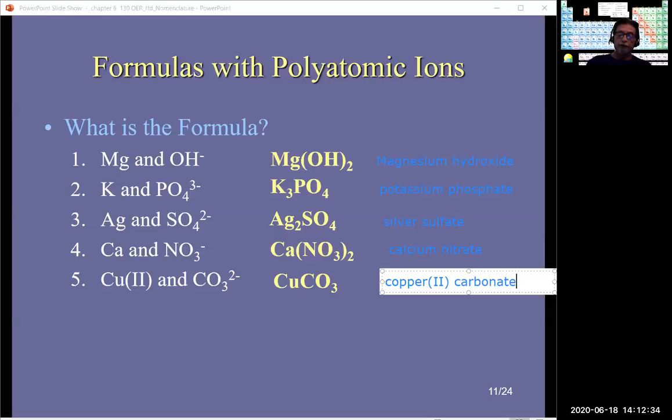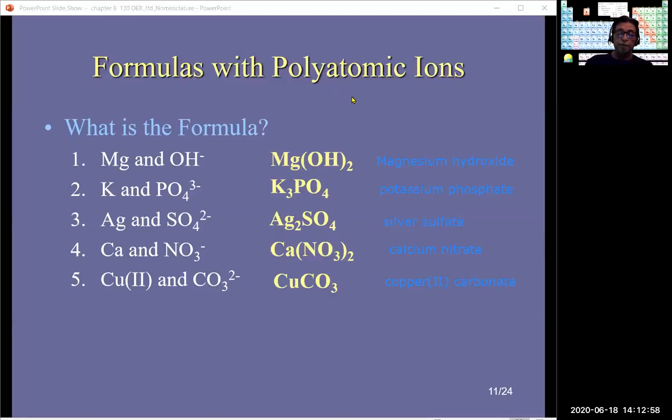Okay. The names in the formula for the polyatomic ions, again, are given to you in the periodic table. And I'm writing the names because right now we're making the formula. Eventually, we're going to start naming them. And so be able to go from the name to the formula or vice versa. Okay.